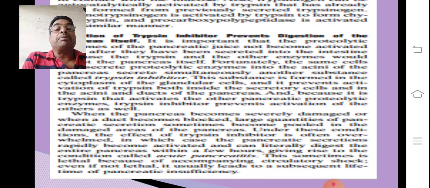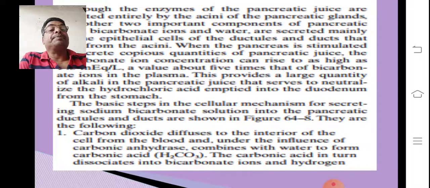This is sometimes lethal because of accompanying circulatory shock. Even if not lethal, it usually leads to subsequent lifelong pancreatic insufficiency.